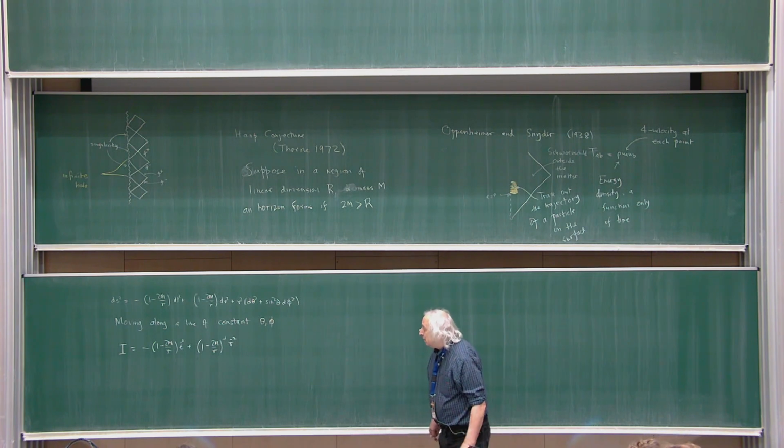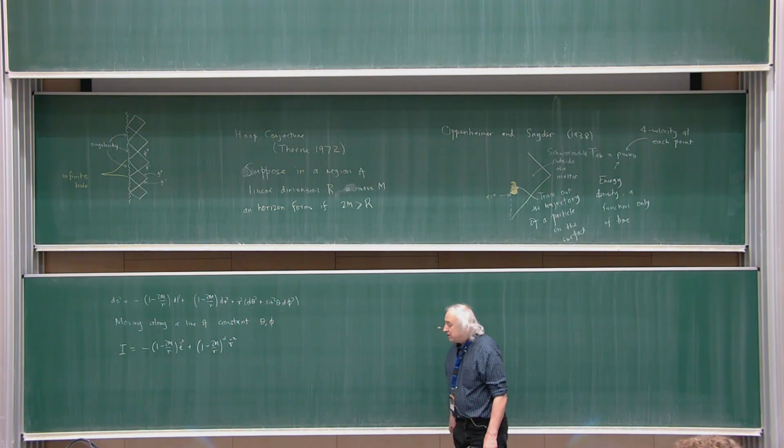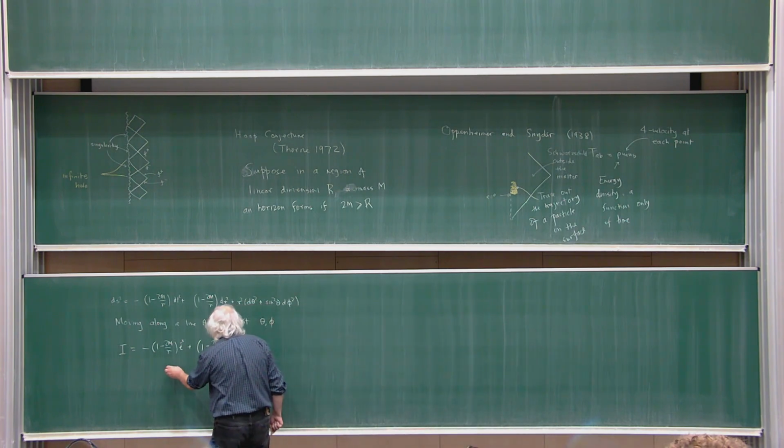If I do that, the first thing you'll notice is that because t is an ignorable variable, I should say dot here means d by d proper time.